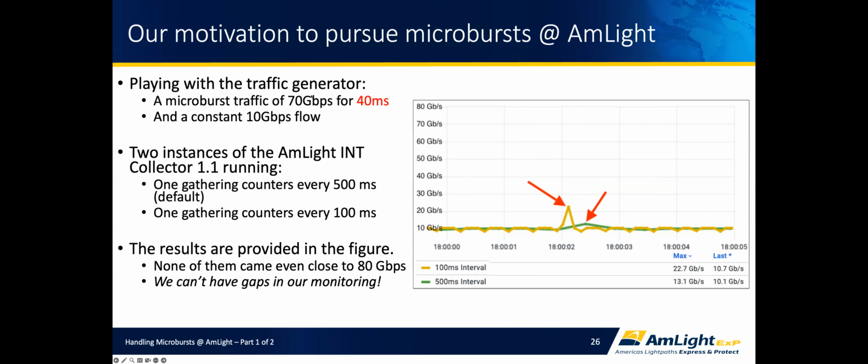What was supposed to be 10 plus 70, 80 gigabits per second, it only reflected a quarter of that, right? Or a little bit more than that. So it clearly showed that the solution had to be improved, because we don't want to have this kind of gap in our monitoring. So this is the driver. This graph was the motivation to change everything.